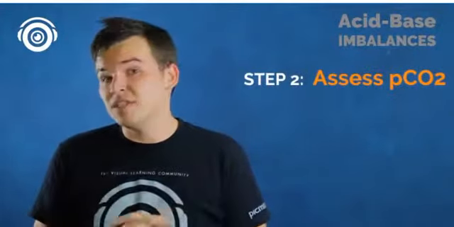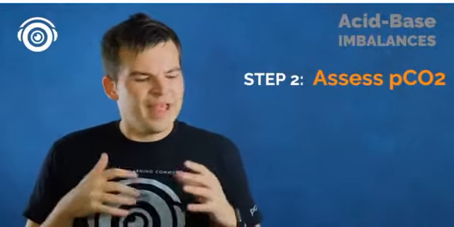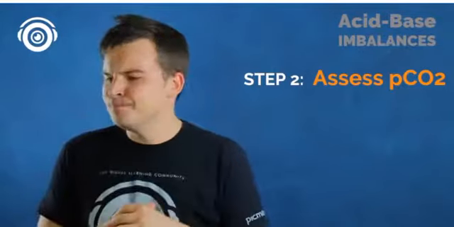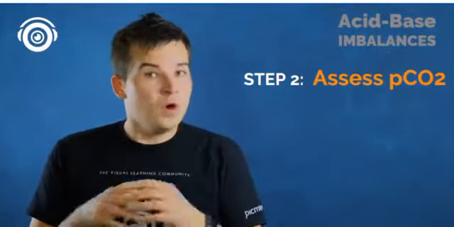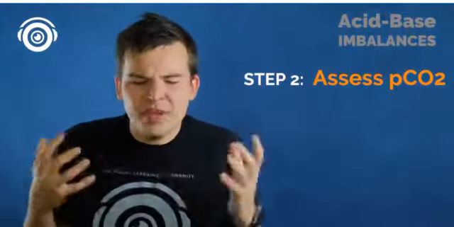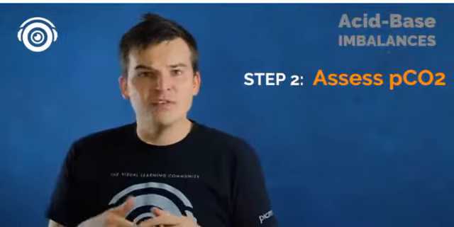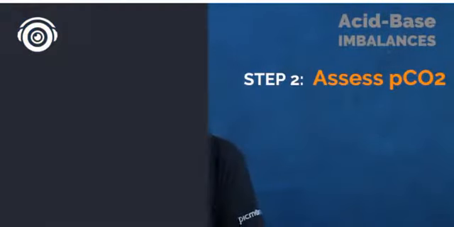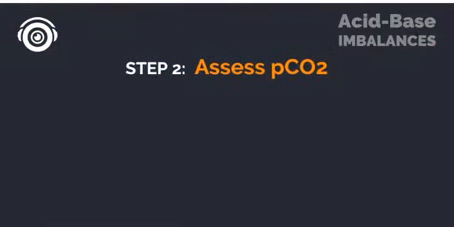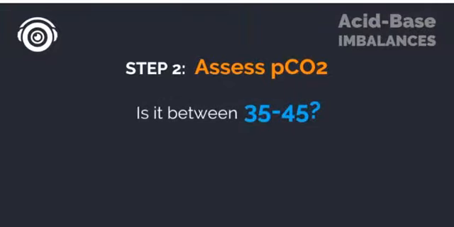Step number 2 is to look at the CO2 level. Now, remember what regulates the CO2? Breathing, right? If you get mad and you get upset, you're going to blow off a lot of CO2. So when you look at the CO2, say, is it between that normal range of 35 to 45? And if you say no, well, it's abnormal. Look at pH and assess the two.